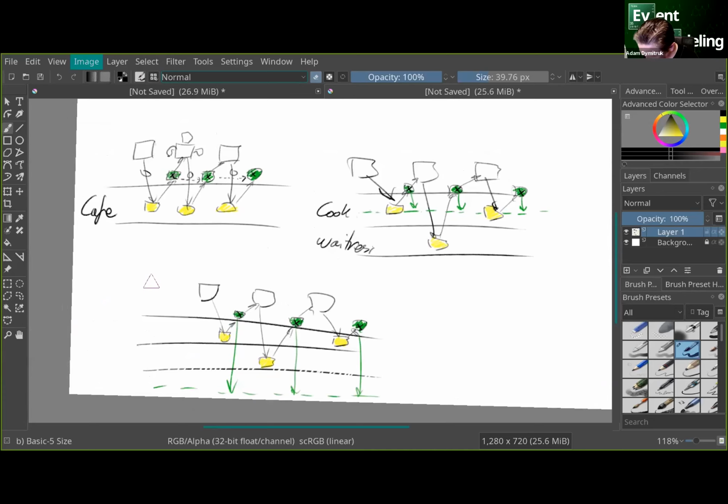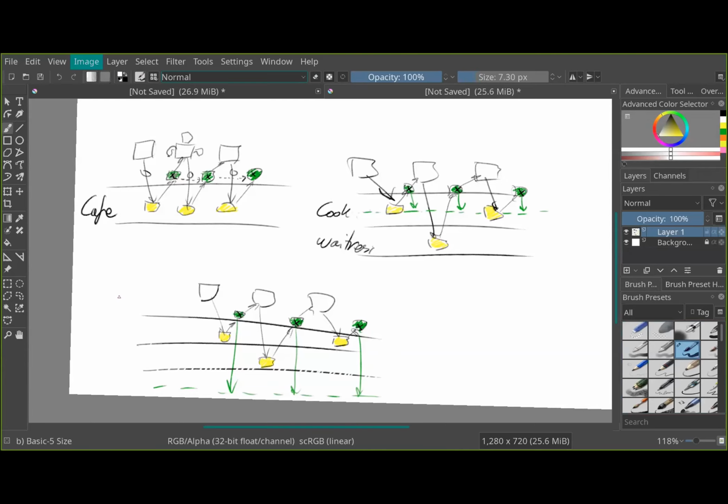I guess the waitress might go around here and we'd split them up. Why did I change my pen? That's not good. I think I did a stamp thing. Undo. Okay. So yeah, what would that be?